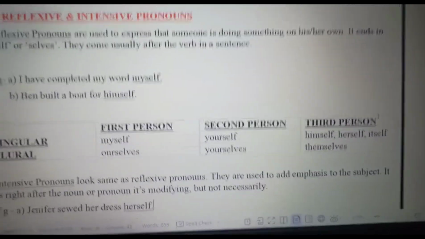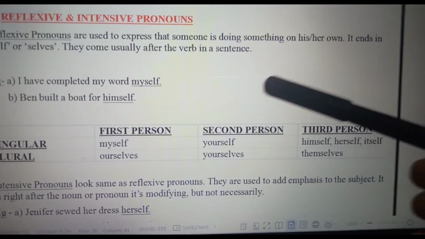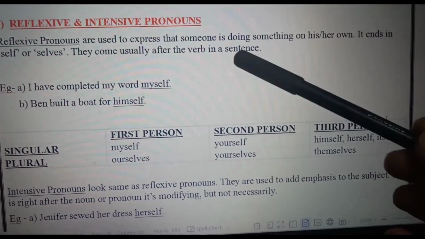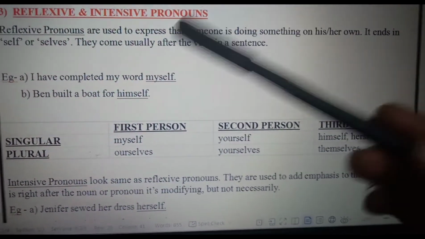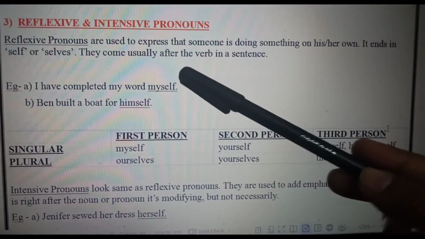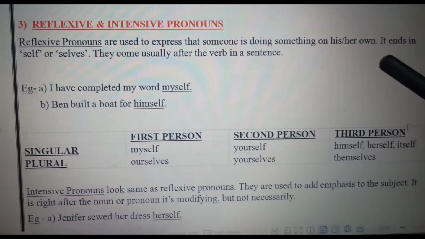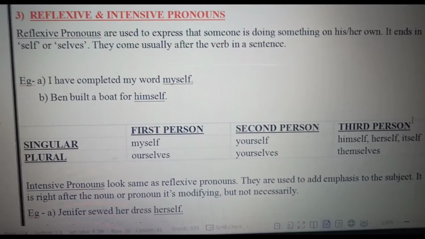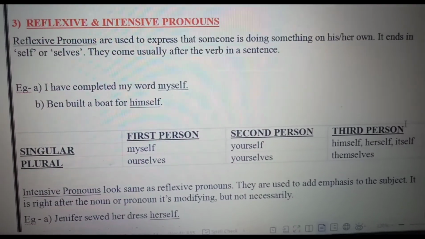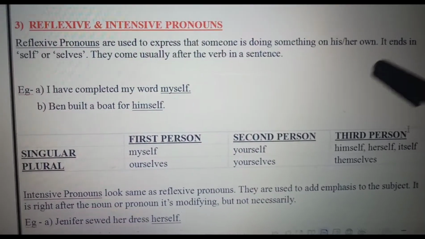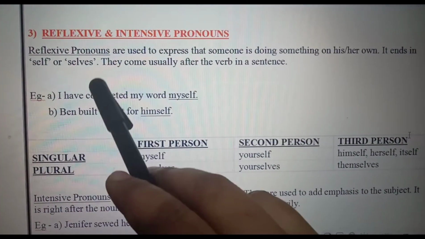Now we are going to study the third type of pronoun, which is reflexive and intensive pronoun. What are reflexive and intensive pronouns? Reflexive pronouns are used to express that someone is doing something on his or her own. Whenever someone is doing something on their own, it is known as a reflexive pronoun, and it ends in self or selves.